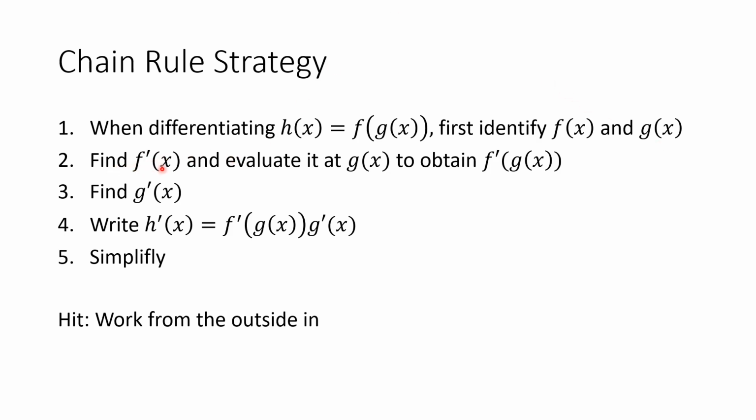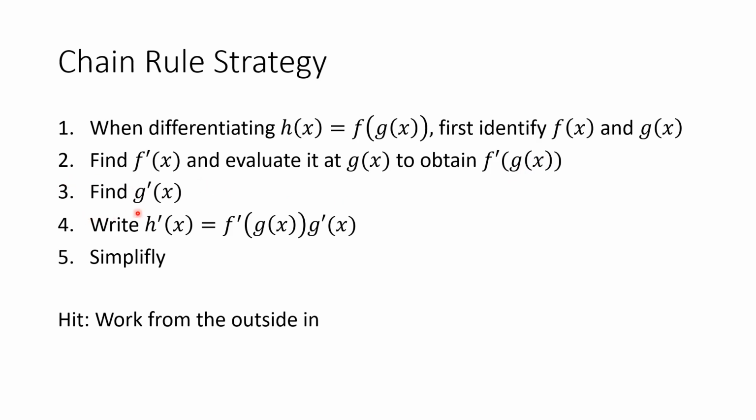So then we'll find f prime of x, or the derivative of f of x, and evaluate it at g. So this means that we'll find the derivative of f of x, and then anywhere there's an x in that, or whatever variable we're differentiating with respect to, but generally it'll be x, wherever there's an x in that equation, we're going to go ahead and apply our original g of x.